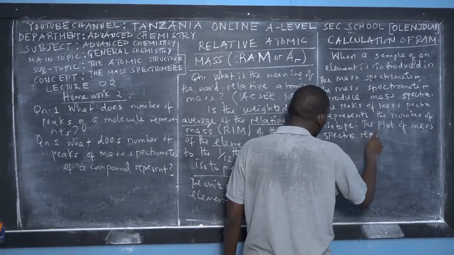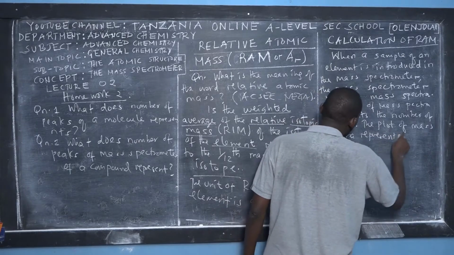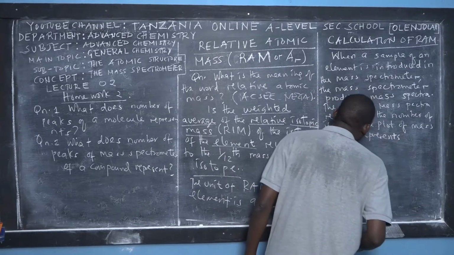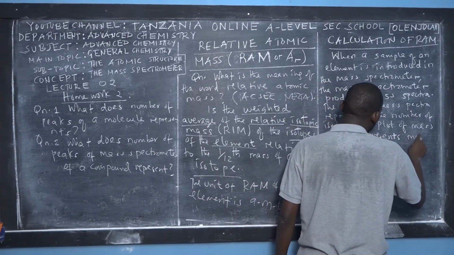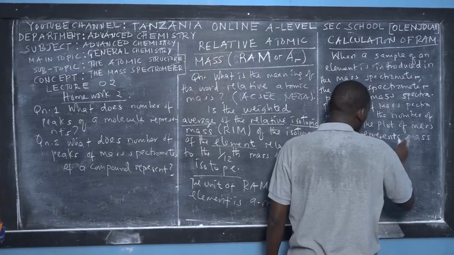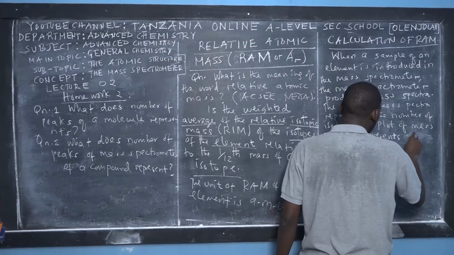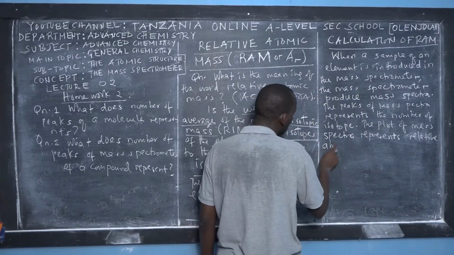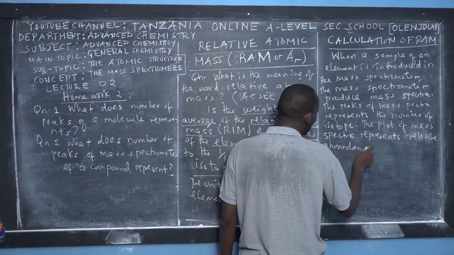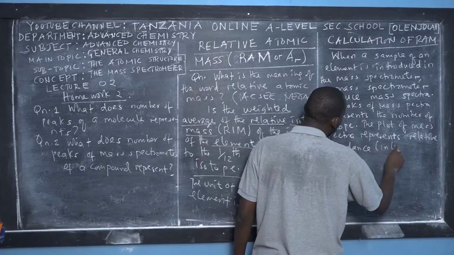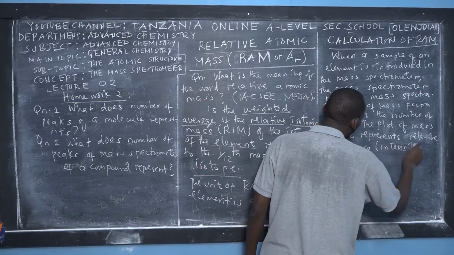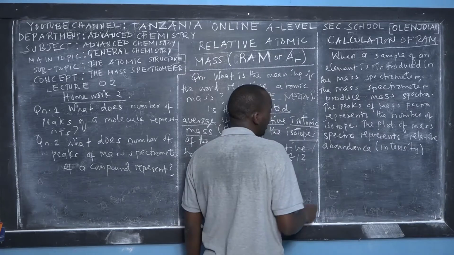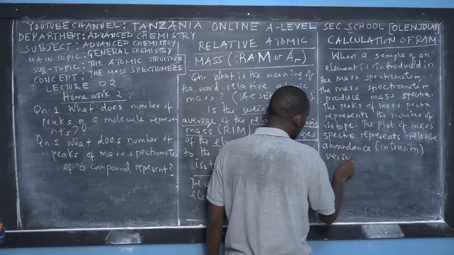That represents what? Represents mass, no, represents relative abundance, or we call it intensity in some of the references, intensity versus what?